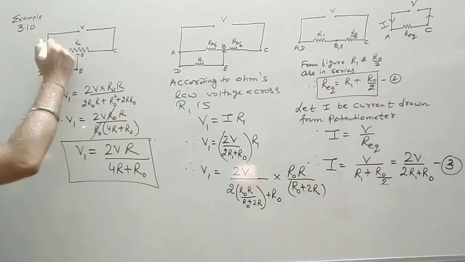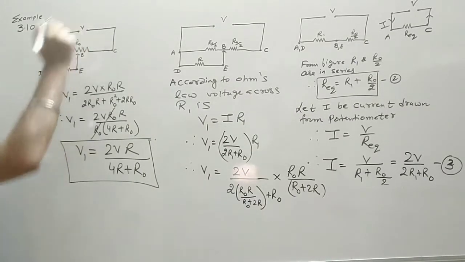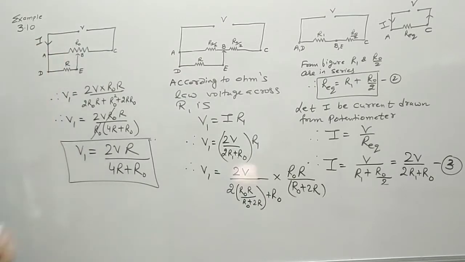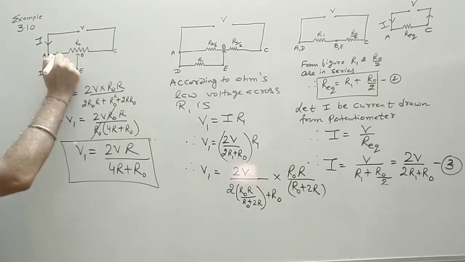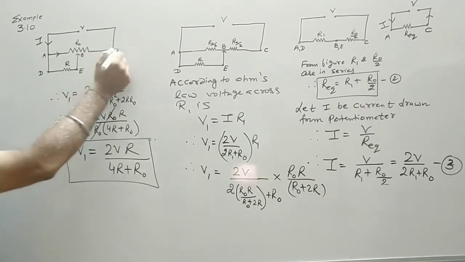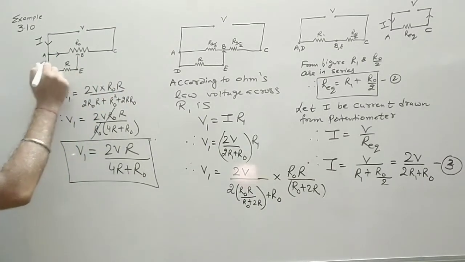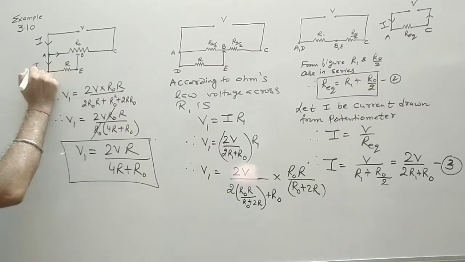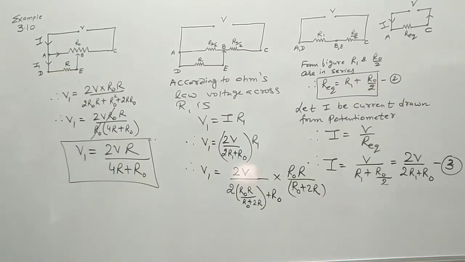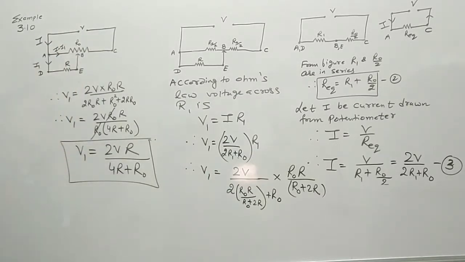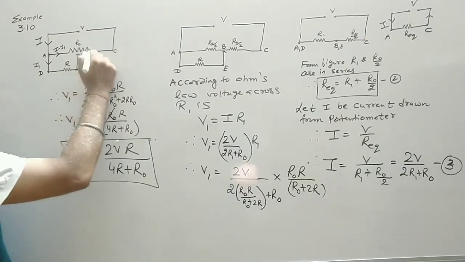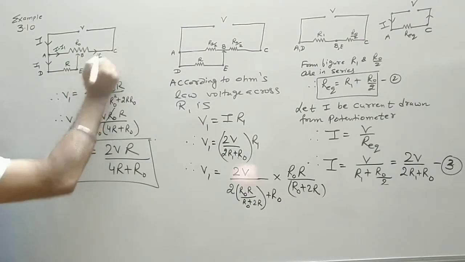So let the current from the potentiometer battery be I. At junction A, the current is divided into two parts, from A towards C and from A to D. Let this current be taken as I1. So this portion will be equal to I minus I1, and this I1 comes here. So again this is I.